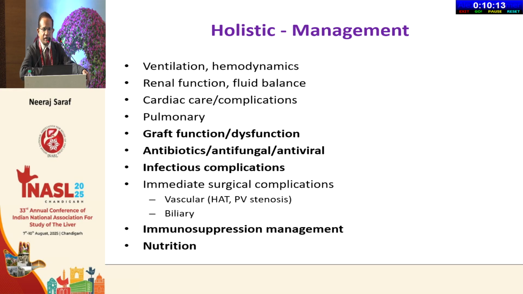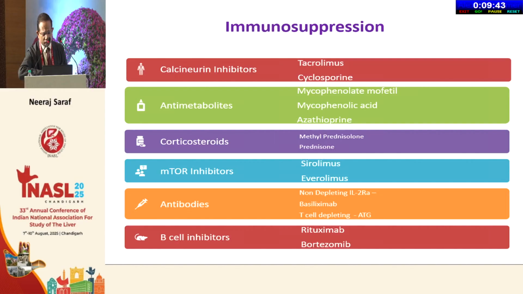Infectious complications, preventing and treating infections, are extremely important as a hepatologist, because probably the leading cause of morbidity and mortality after transplant is sepsis. Immediate surgical complications one needs to know. It can be vascular, hepatic artery thrombosis, portal vein stenosis, and biliary complications like bile leak. We must know the immunosuppression management, and of course, nutrition is extremely important immediately and early in the post-transplant period.